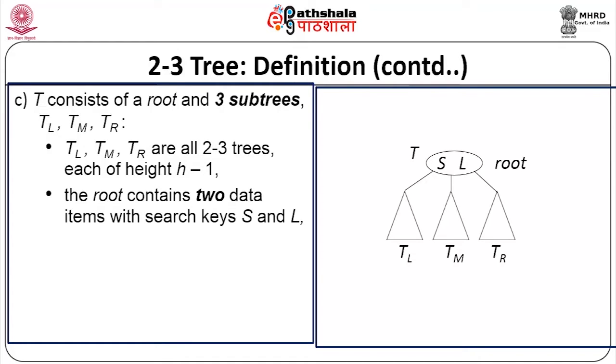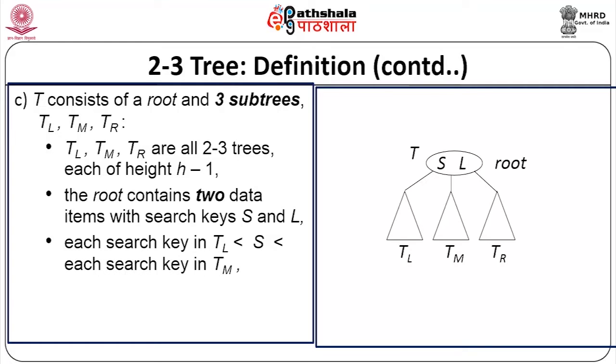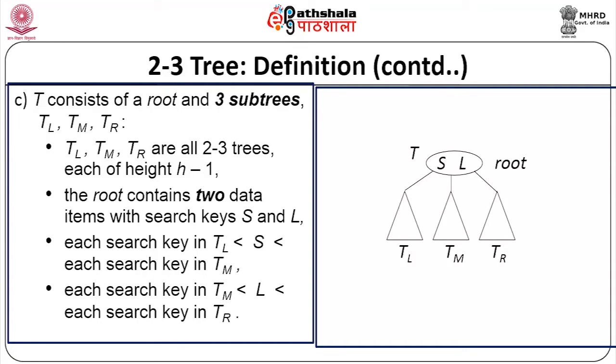The root contains a maximum of 2 data items called S and L, search keys S and L. Each key in TL will be less than S, and less than each search key in TM. Then the keys in TM will be between S and L.